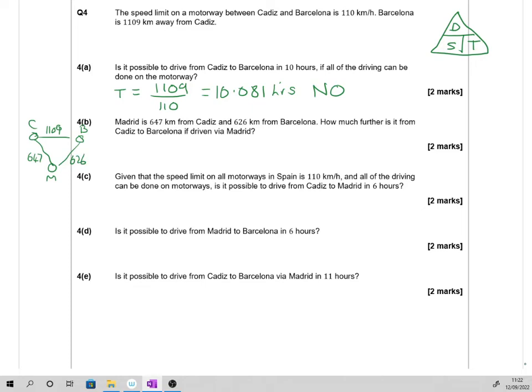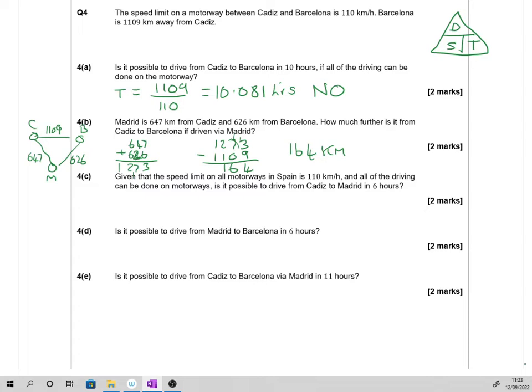So add these two numbers, 647 plus 626, that's 1273. So that's going round the long way. How much further is it? 1273 minus 1109 is 164 kilometers.